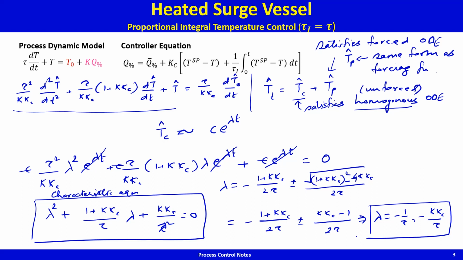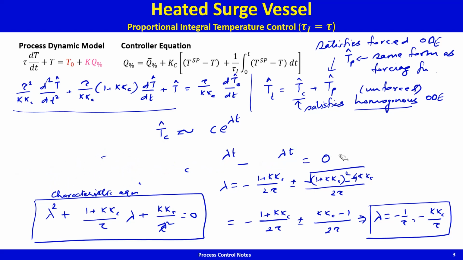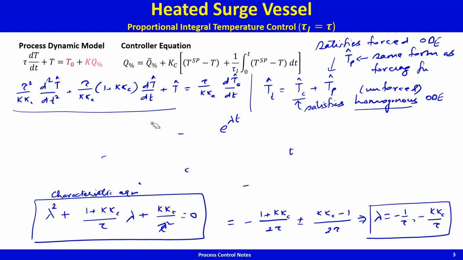Both these roots are negative, and so T complementary, or the solution of the homogeneous part of the ordinary differential equation, is going to be C1 e to the power minus t by tau plus C2 e to the power minus kkc by tau times t.